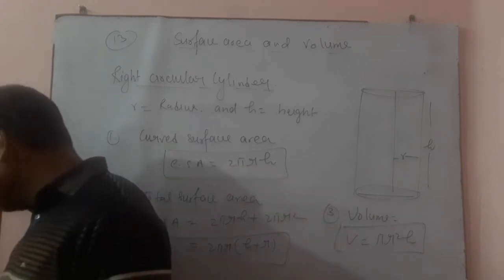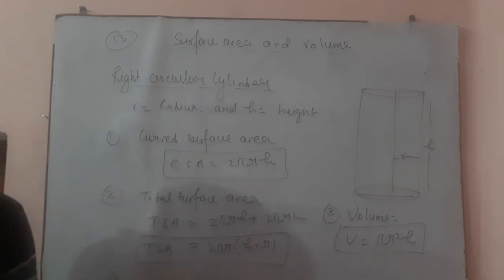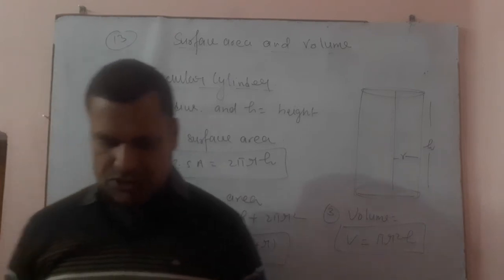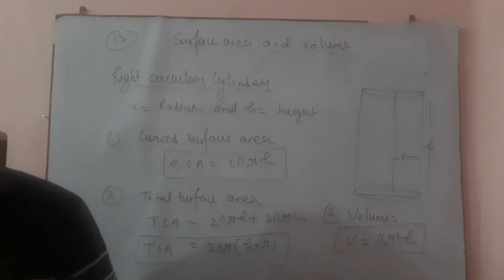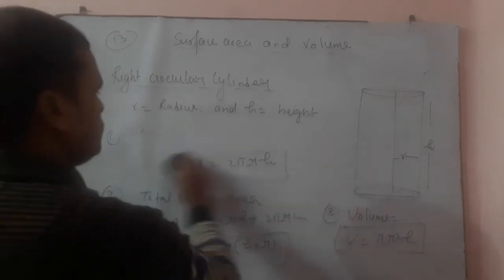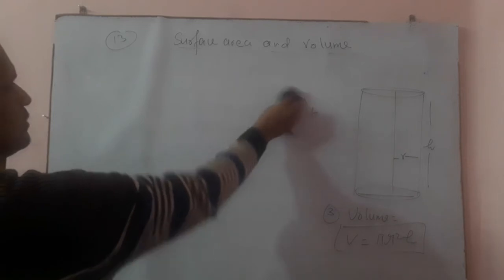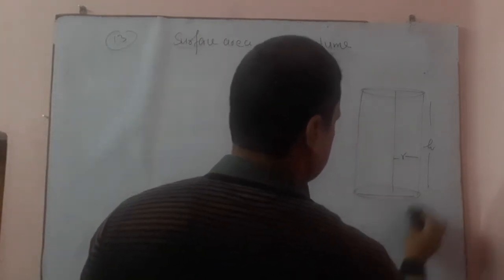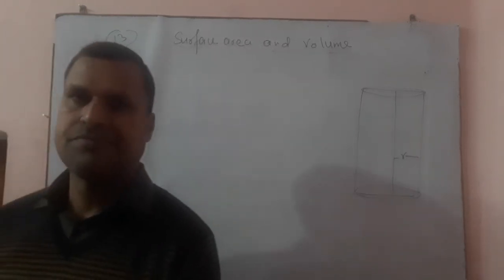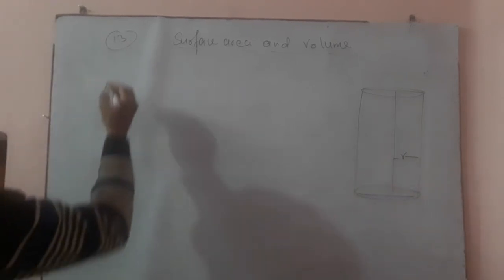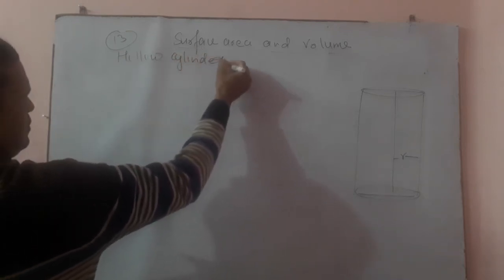In a hollow cylinder there are two radii.